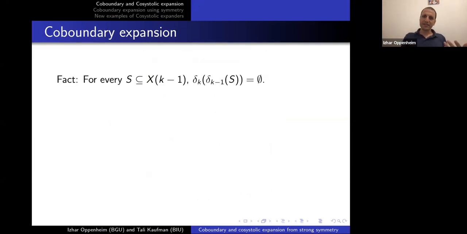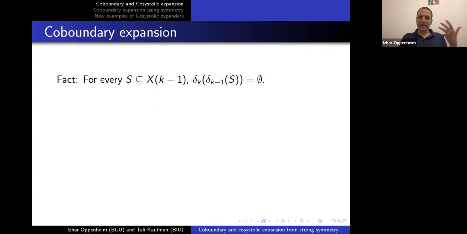And the fact is that, like in a graph where I always have the empty set as a cut set, because if I take the set of all vertices, then its cut set is just the empty set, since every edge sees exactly 2 vertices.